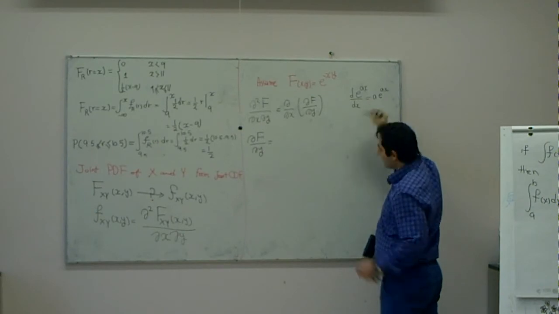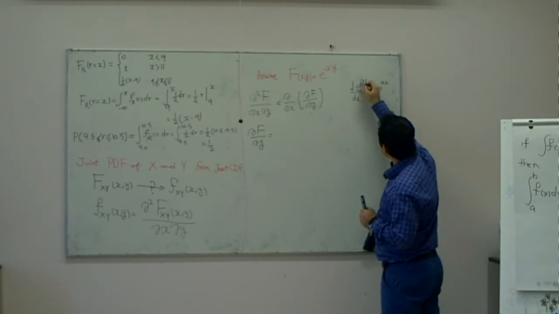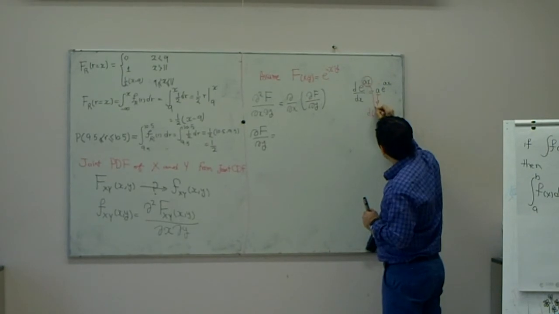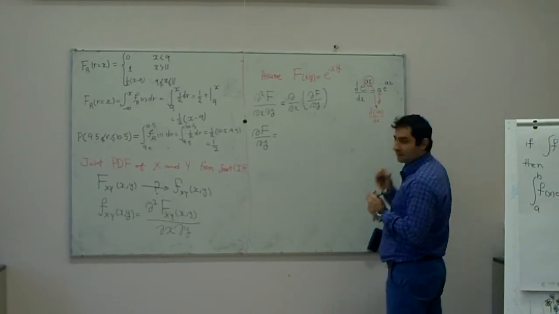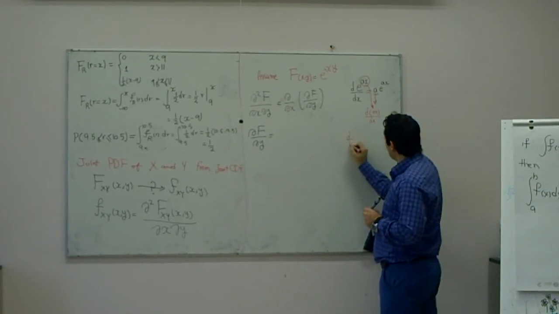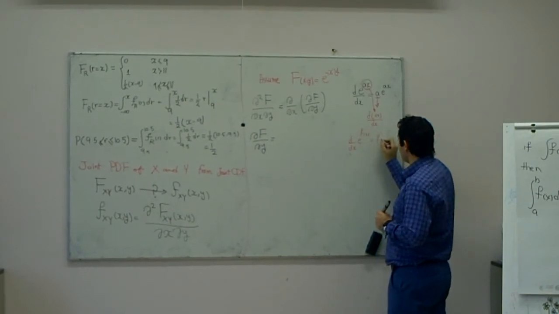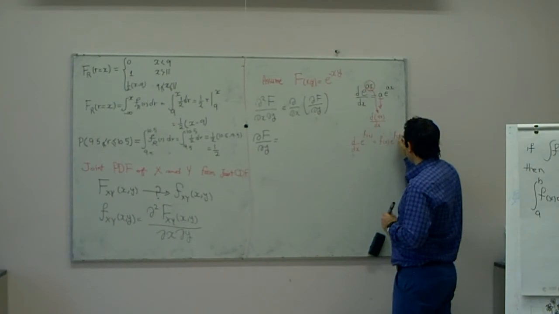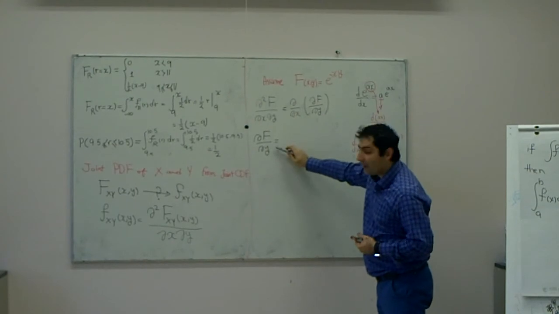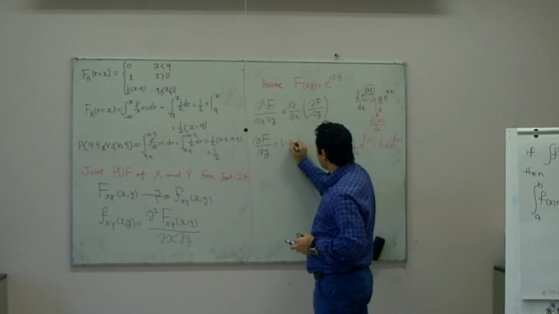In other words, this a comes from whatever we have here. We put it in here with respect to x. So we write d over dx of e to power f of x is f prime of x multiplied by e to power f of x. This is the general formula. So I want to find this derivative.